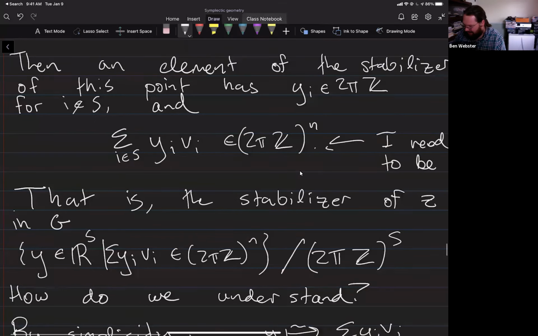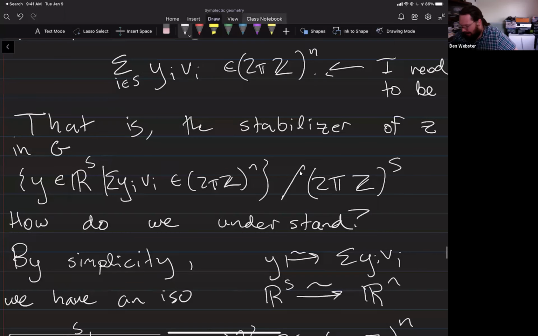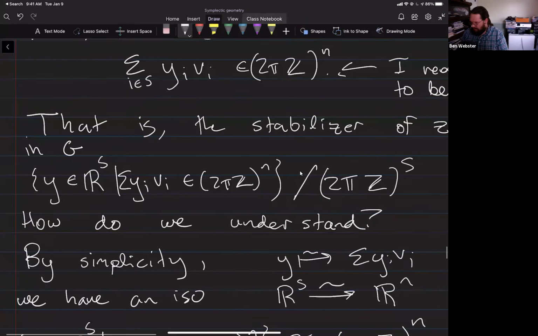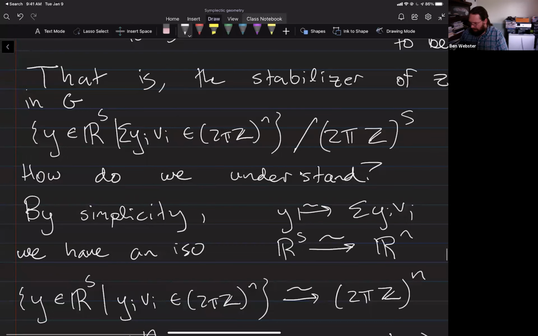So how do we understand this guy? Well, since my polytope is Delzant, in particular, it's simple. And so I have an isomorphism from R^S to R^N. Oh, shoot, I'm lying a little bit here.